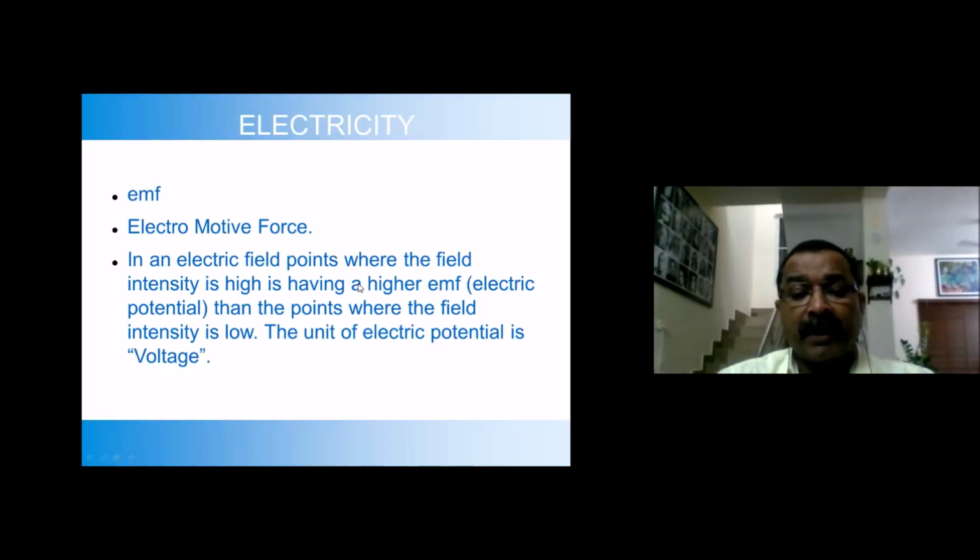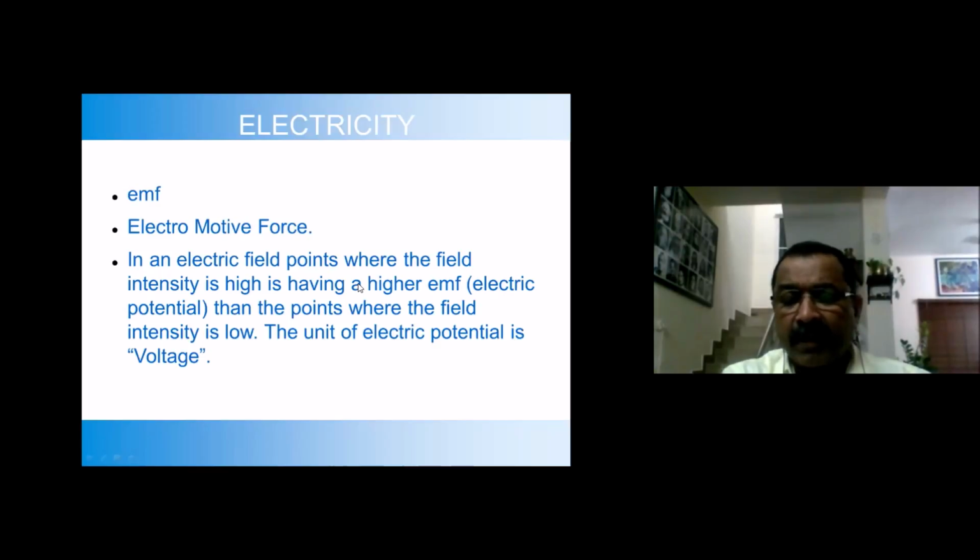Charges are accumulated at that point. So it depends on the charge distribution. At one point the electric field intensity is at a higher level, meaning electric charges are accumulated there. And at another point, if intensity is very low, we can see only a few charges are there.